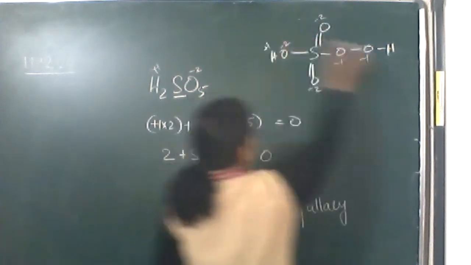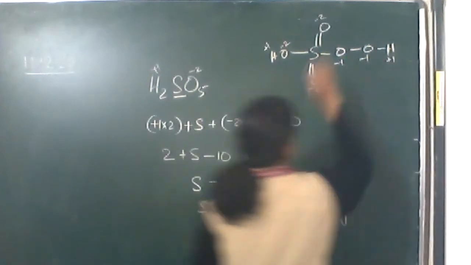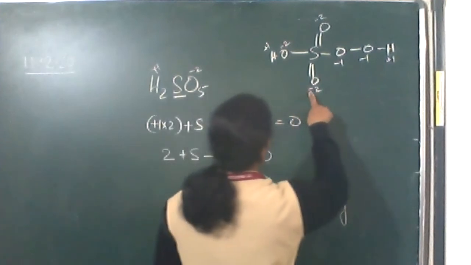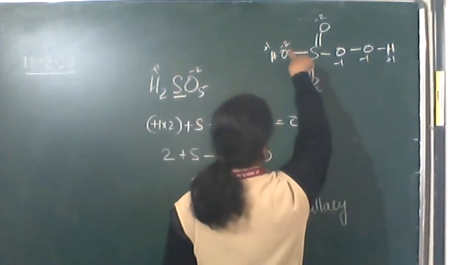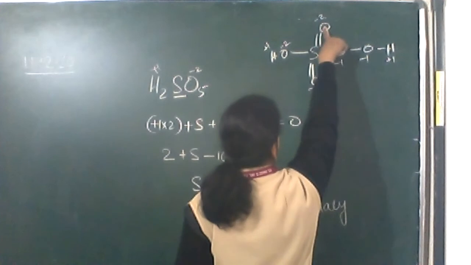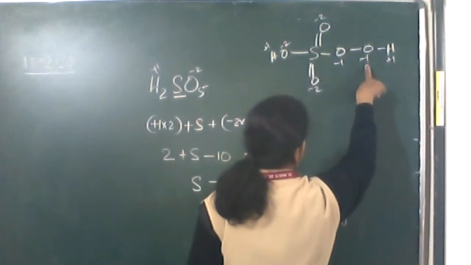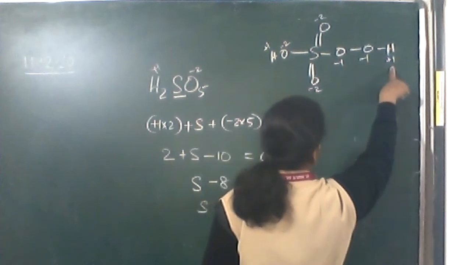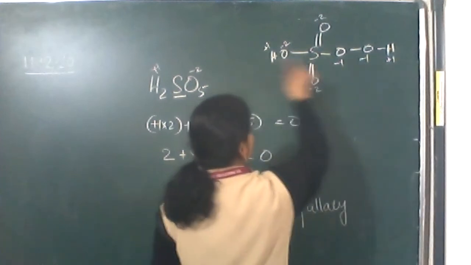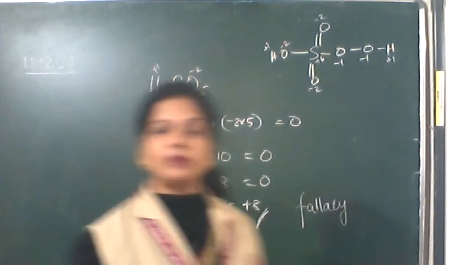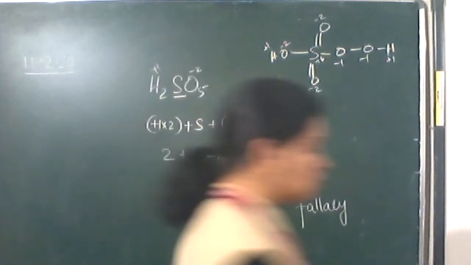H is +1, H is +1, so sulfur will be +6. The algebraic sum of all will be equal to 0.